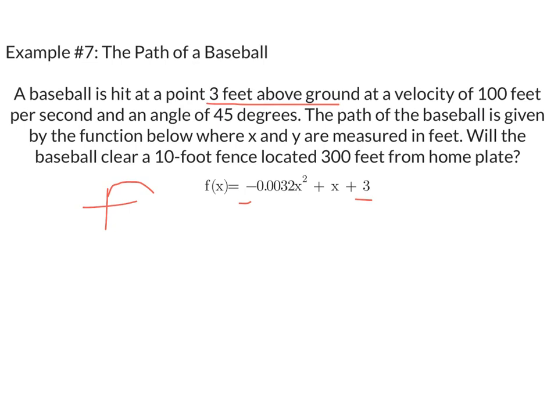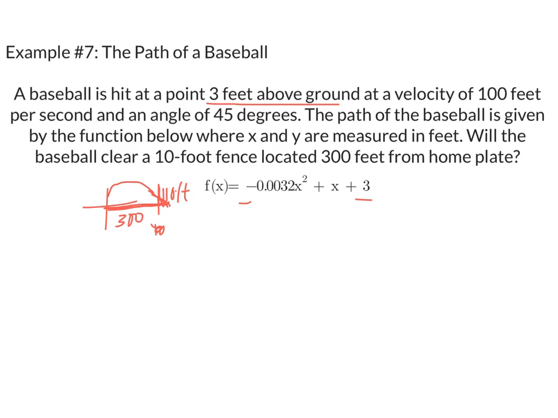So essentially what we're hoping is that there is a fence 10 feet high that the ball will clear, that it will be able to go over the fence. Oh, excuse me, that was wrong. This is 10 feet, and the fence is 300 feet away. So what we need to figure out is which one describes x.